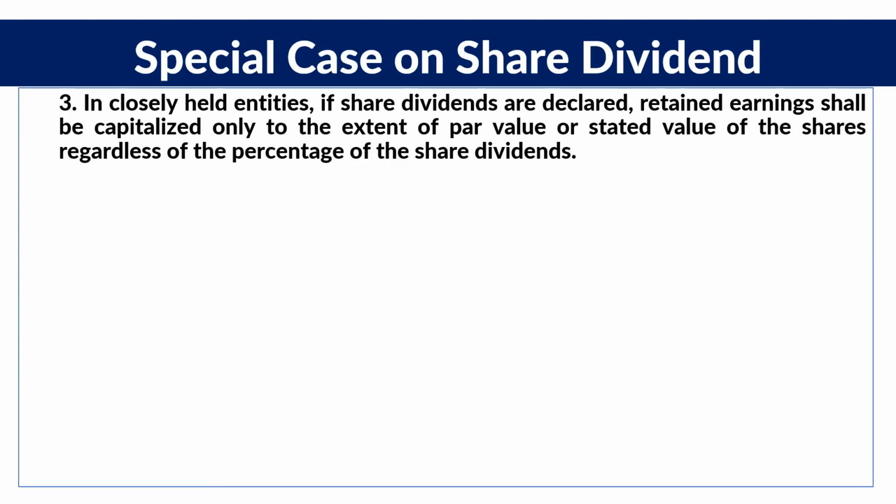So there is no small or large share dividend when the entity is closely held, as compared to publicly held or publicly accountable corporations. Regardless of the percentage of the share dividends, we only capitalize the share dividends by debiting retained earnings using the par value or stated value of the share.